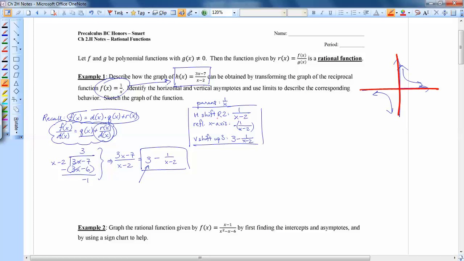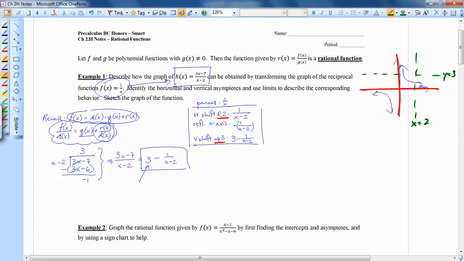But notice what I've done. Now I've moved it right 2 units and up 3 units. So now my horizontal asymptote, instead of being at 0, got moved up 3 units, so it's going to be at 3. And my vertical asymptote, which had been at 0, I shifted everything to the right 2 units. So this vertical red line ends up over 2 units at x equals 2 now.